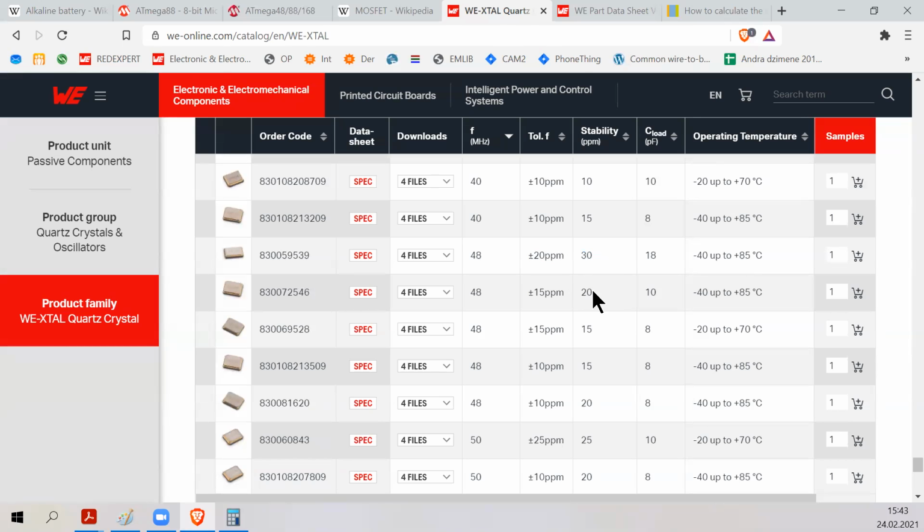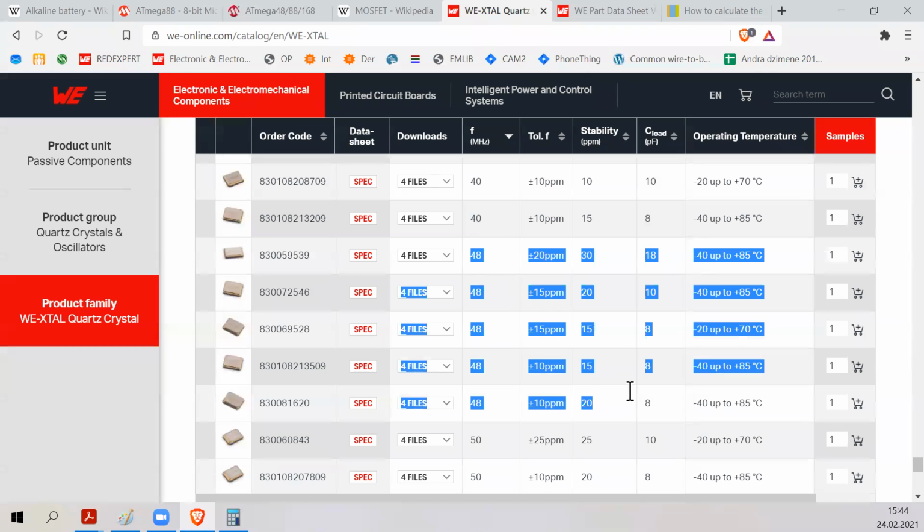And the second number is how dependent on temperature these things are. And so across the operating temperature, they guarantee that the crystal will not drift more than 15 ppm from minus 40 to plus 85. Here, this one, 30 ppm, and so on. So of course, more precision is more expensive, but the difference is usually not that big.